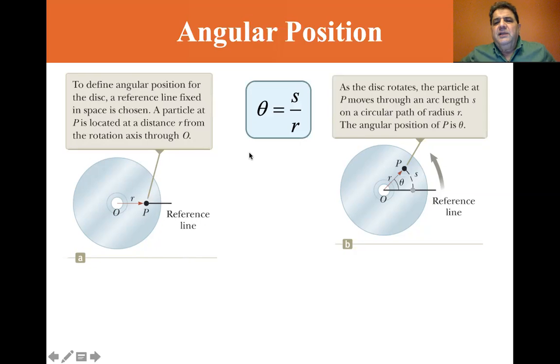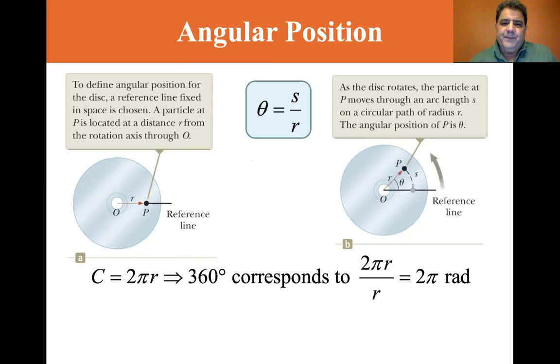Theta is equal to the distance S traversed by the point divided by the radius. So the circumference is equal to 2 pi r, which is equal to 360 degrees, and that corresponds to 2 pi radians for every circle.